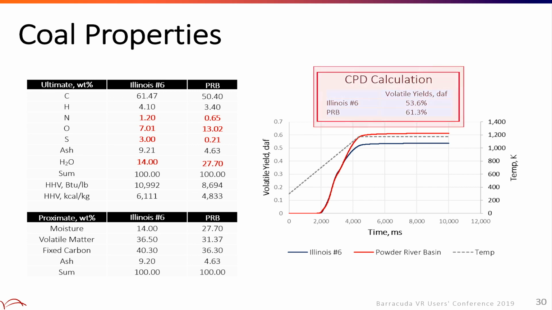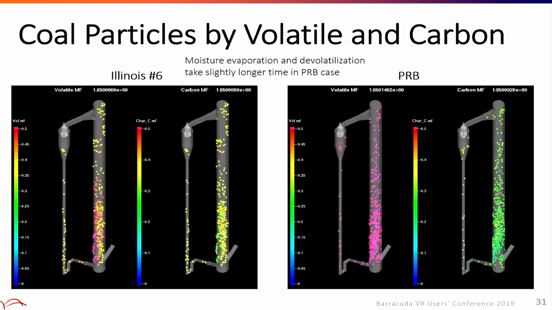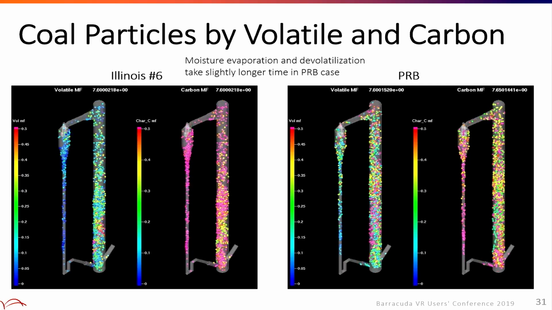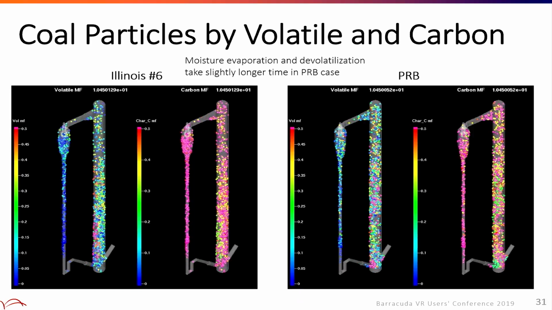This is a result of the CPD calculation. Illinois number 6 shows about 54% volatile yield under these thermal conditions, and PRB coal shows about 61%. So we use that to balance mass, and here are some results, showing only the coal particles, volatile mass fraction and carbon mass fraction. As you inject your coal particles into the fuel reactor, your volatile fraction will start high and then decrease as you release volatiles.